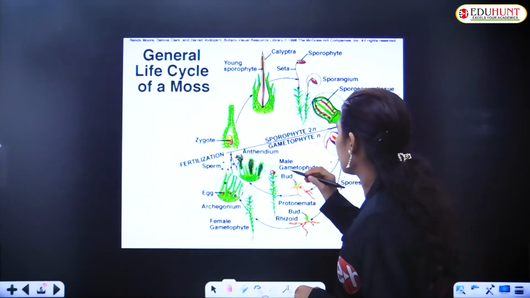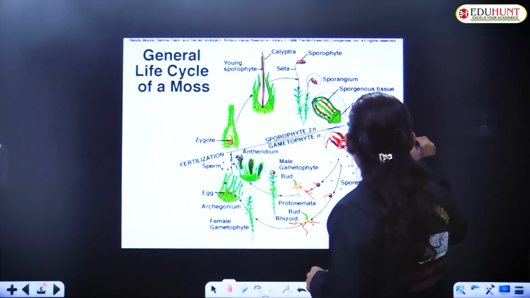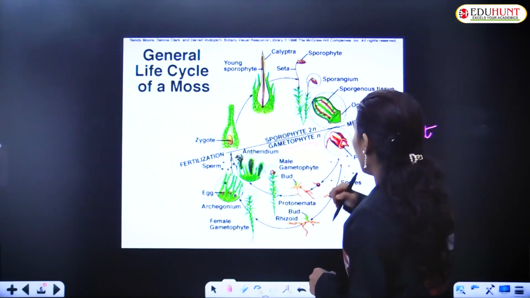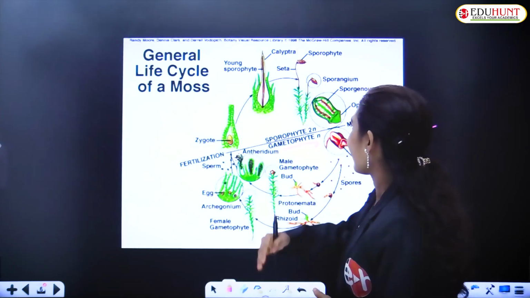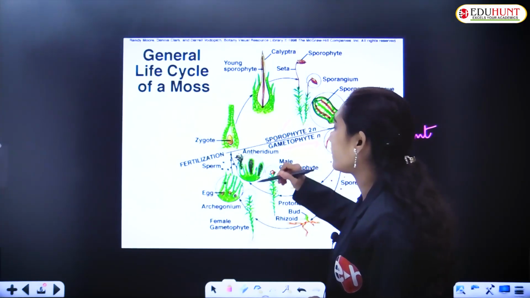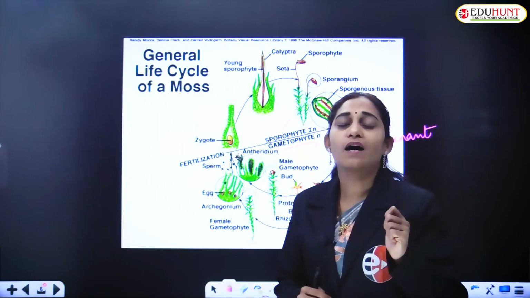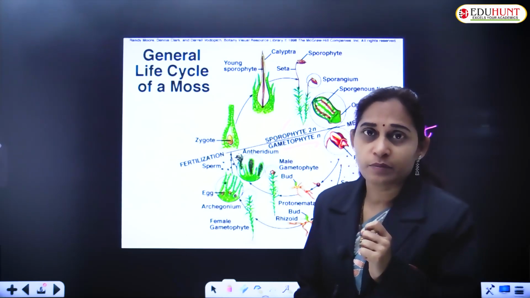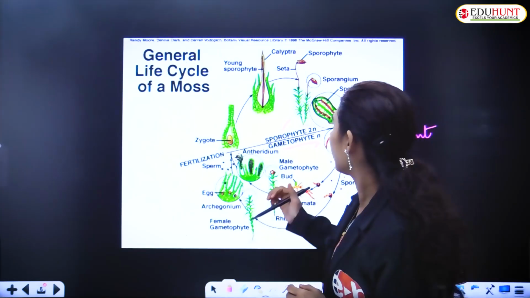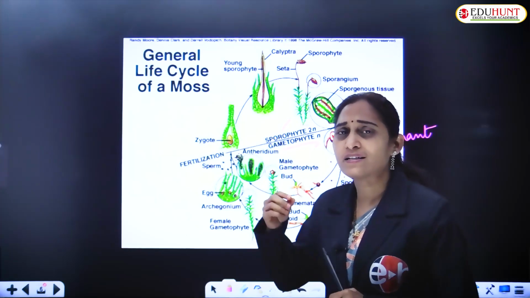That is why it is the dominant phase of the life cycle. The next phase, the sporophyte, is also seen in the life cycle, but it is very short-lived. It is visible only for a short time. Gametophyte is dominant and the sporophyte is visible briefly.